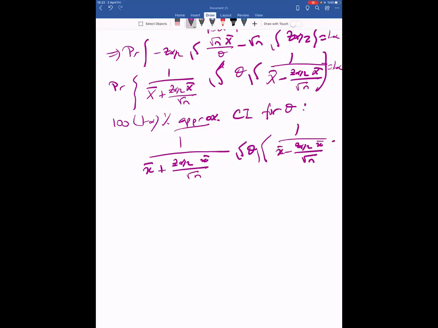So this will be the approximate interval generated by the asymptotic distribution.